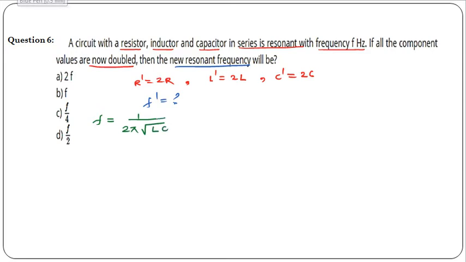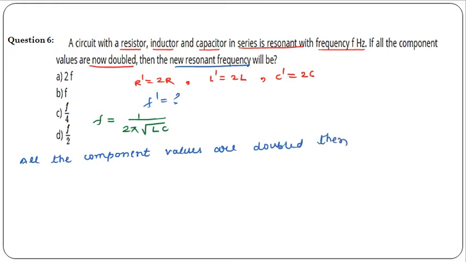Now when all the component values are doubled, the new frequency will be f dash.